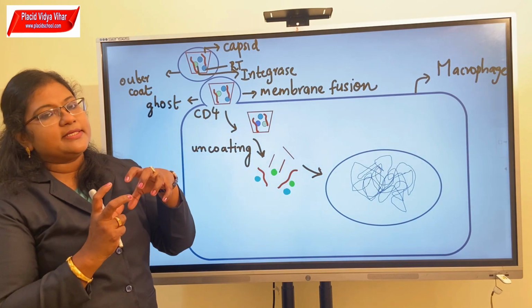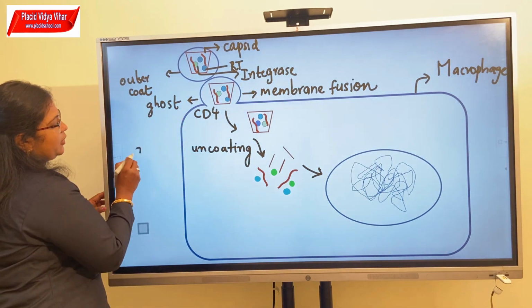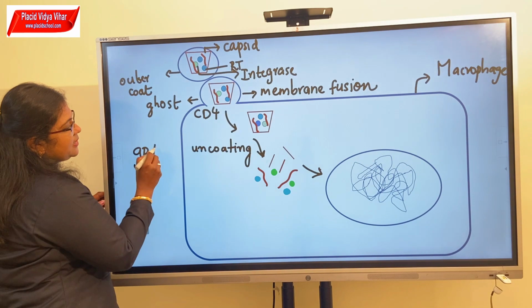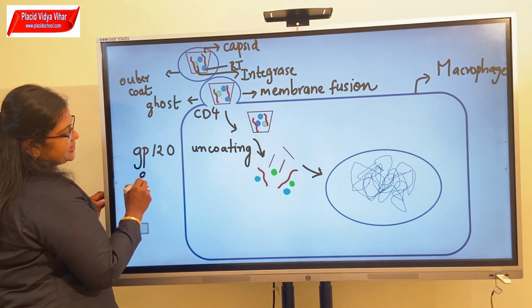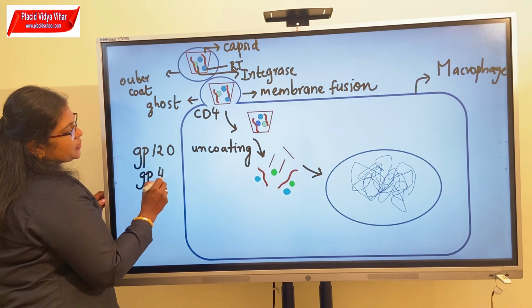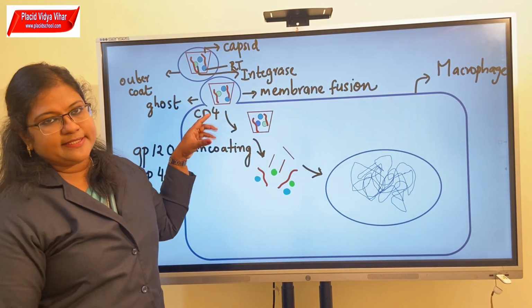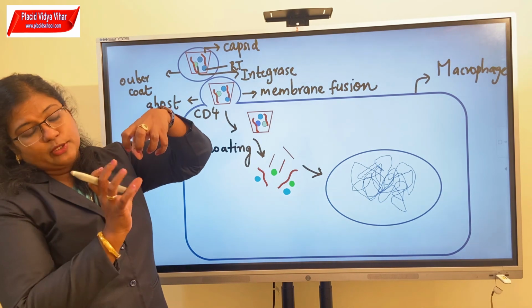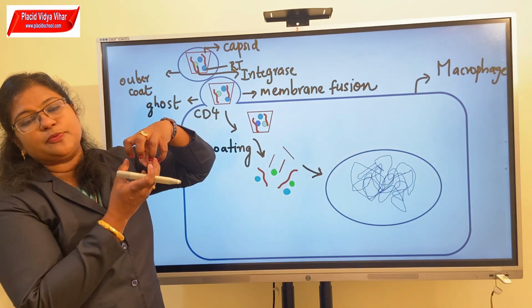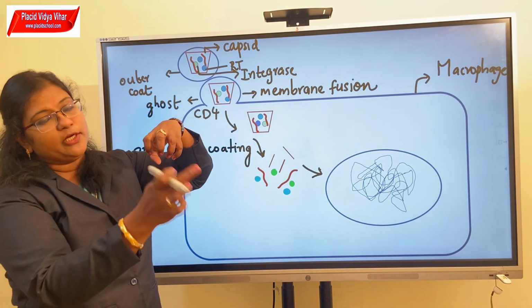In the case of the virus, the molecules capable of binding to CD4 are GP120 and GP40. So using these two glycoproteins and the CD4 receptor, a membrane binding will take place between the virus and the cell membrane of the macrophage.